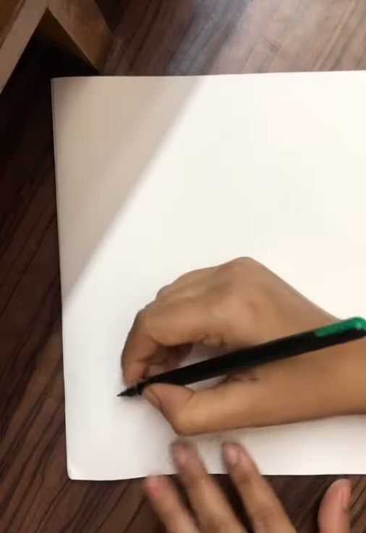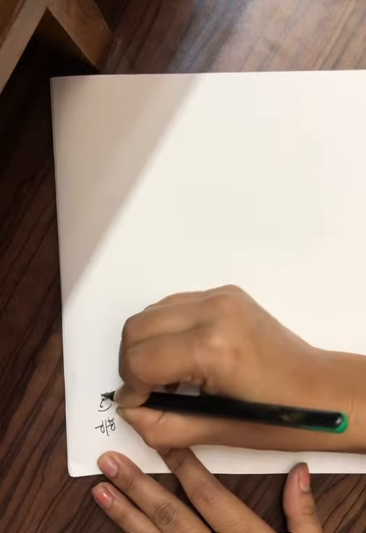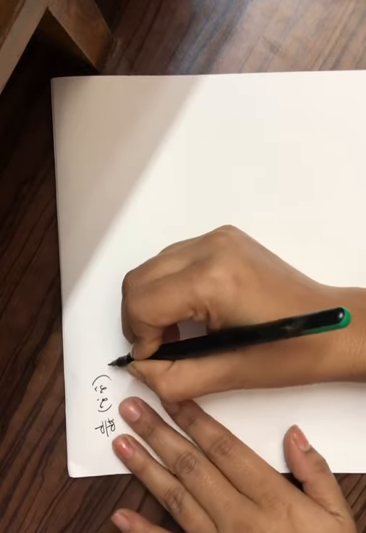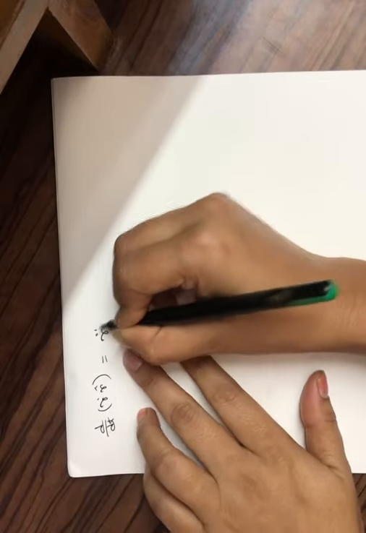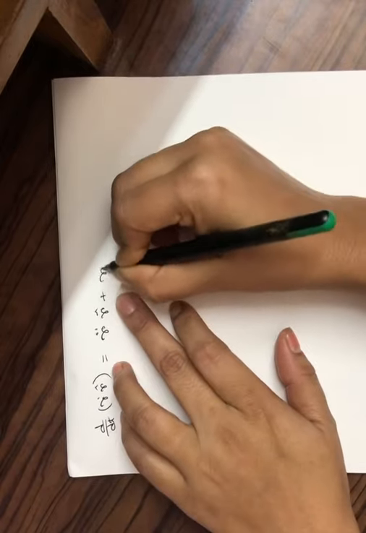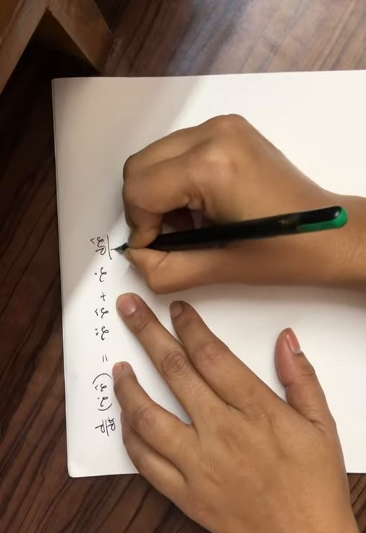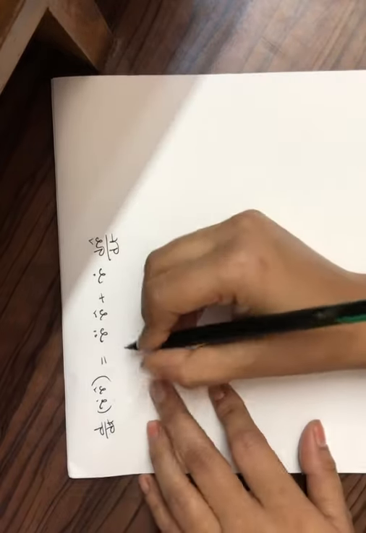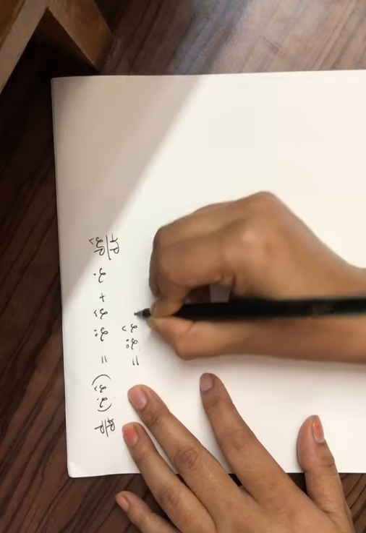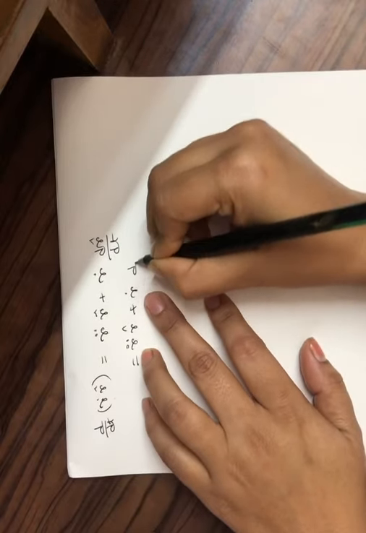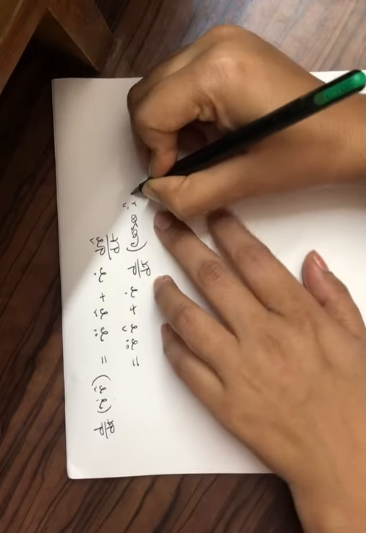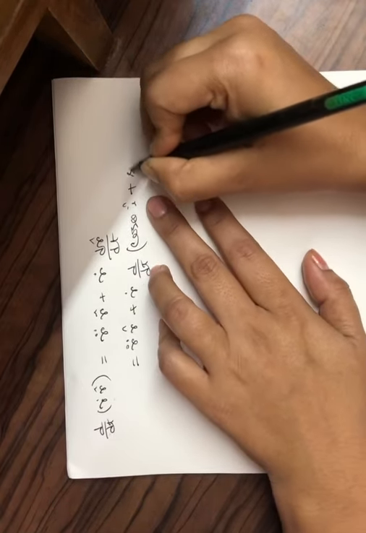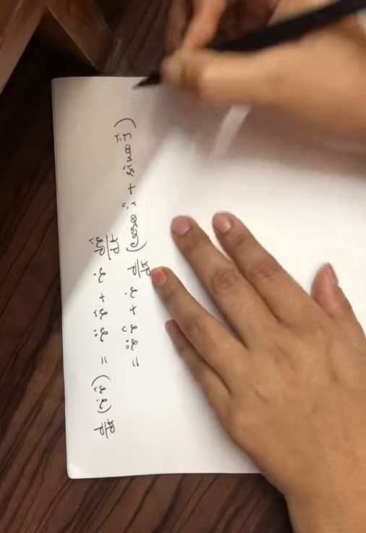Now we will solve 1 and 2. If we solve the r cap term, we can get r double dot r cap plus r dot d by dt of r cap, where r cap can be written as cos theta i cap plus sin theta j cap.